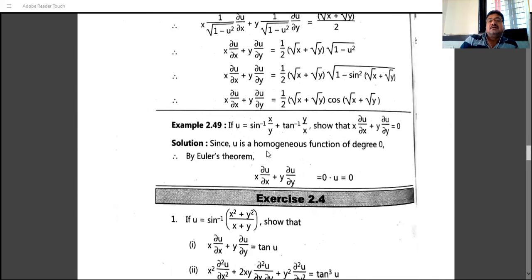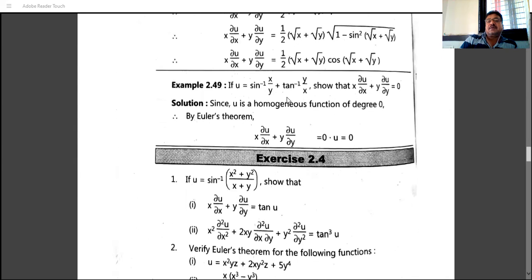Okay. So u is sine inverse x by y plus tan inverse y by x. Then show that x del u by del x plus y del u by del y is zero. Here, this is u, then this is a homogeneous function of degree 0. That is, if you replace x and y by tx and ty, then what do we have? sine inverse tx by ty is sine inverse x by y, plus tan inverse ty by tx, the t gets cancelled.